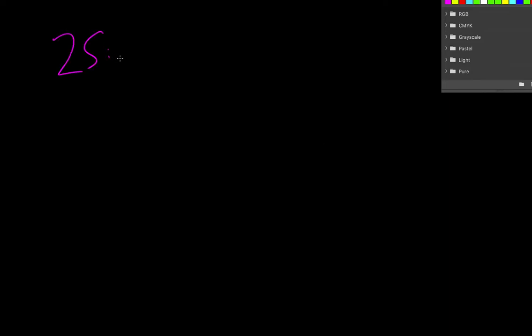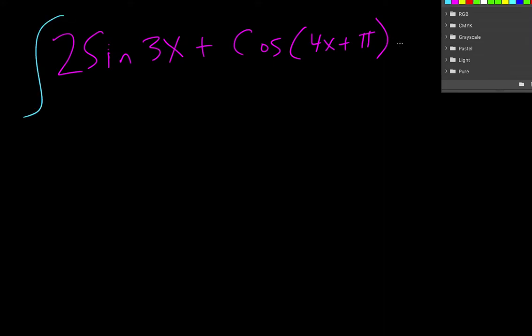Alright, we have 2 sine 3x plus cosine of 4x plus pi, and we're asked to integrate with respect to x, and so we add those pieces. Alright, so we're going to bring down our 2 because it's constant.